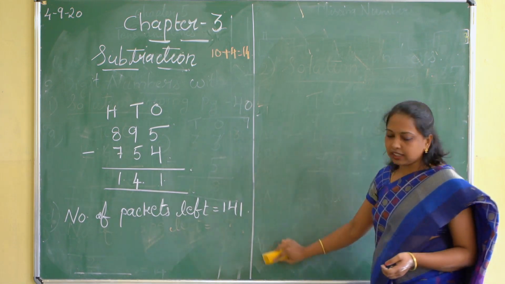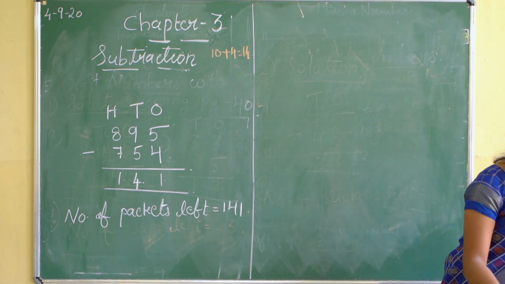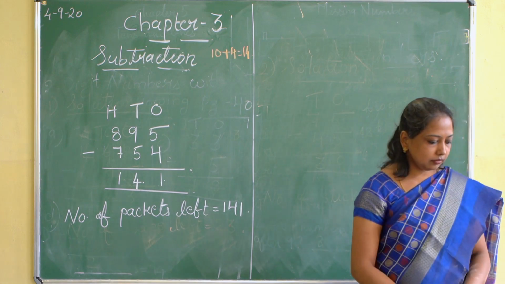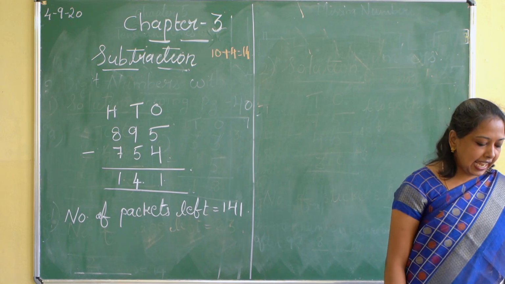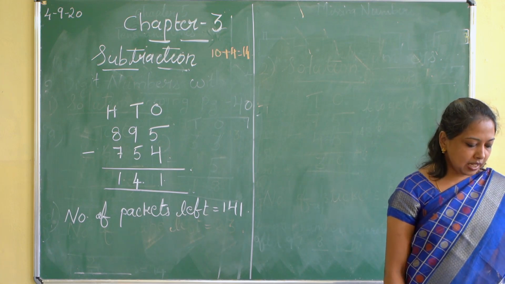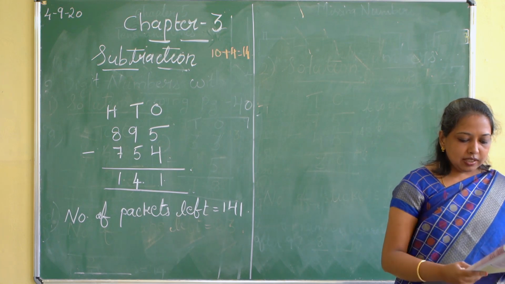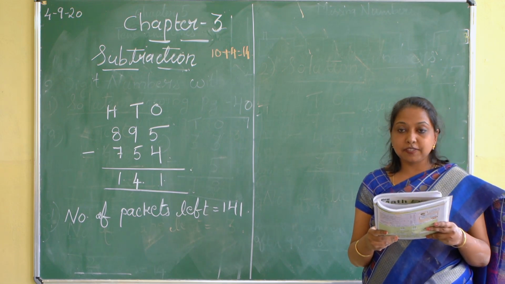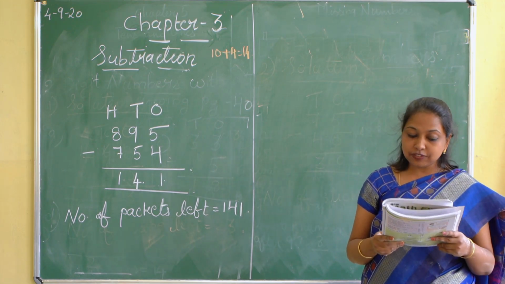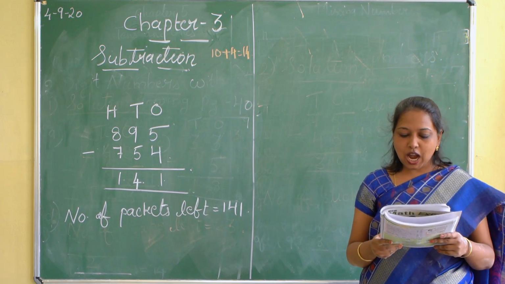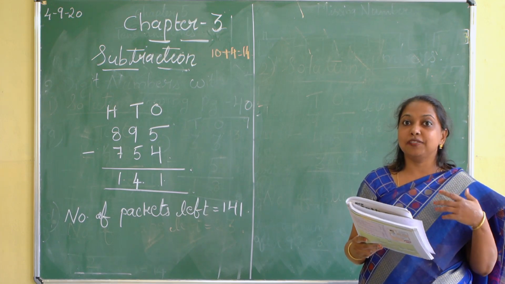I will read the second question. A school hall has 487 seats. At a show, 371 people were seated. How many seats were vacant? Did you find the keyword in this question? How many seats were vacant means how many were left.